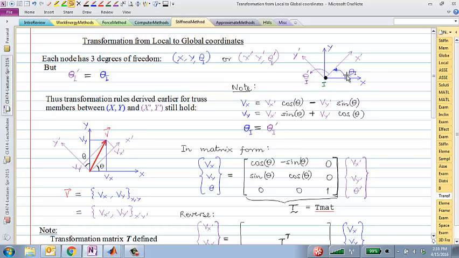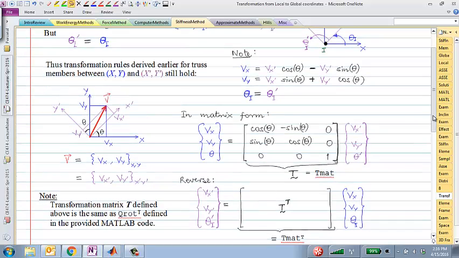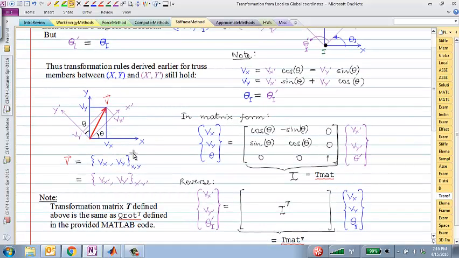So that means that whether you have a theta i degree of freedom or a theta i prime degree of freedom, they are exactly the same. So that's the third relationship that we are going to need. And what that means is that in going between local to global, we previously had just these four values: cosine, minus sine, sine, and cosine.